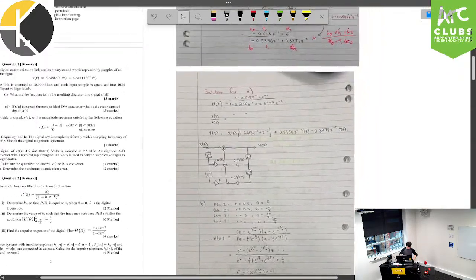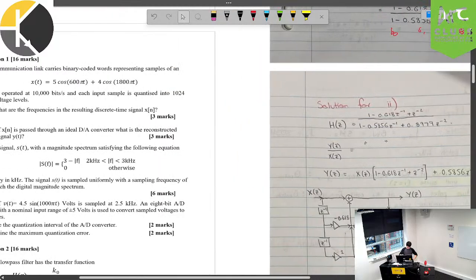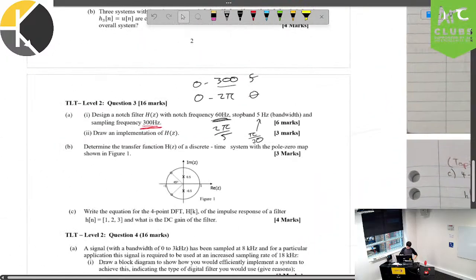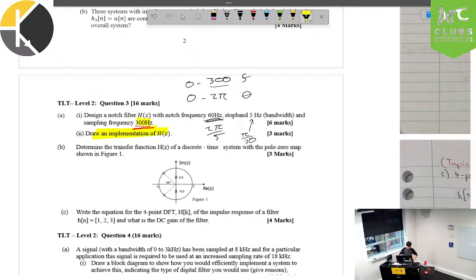So that requires us to create a block diagram. Implementation means block diagram. So I'll just write that down real quick. So implementation, this means a block diagram.